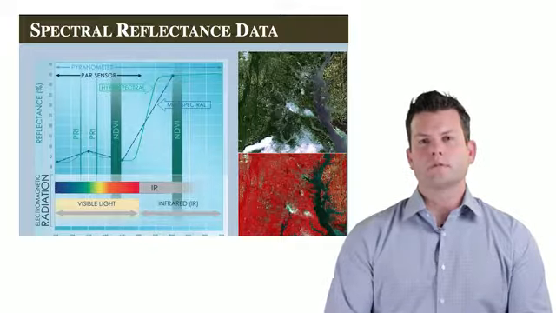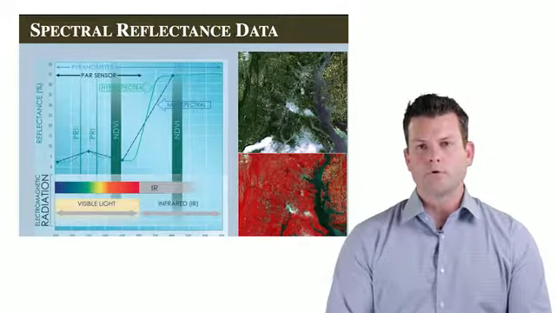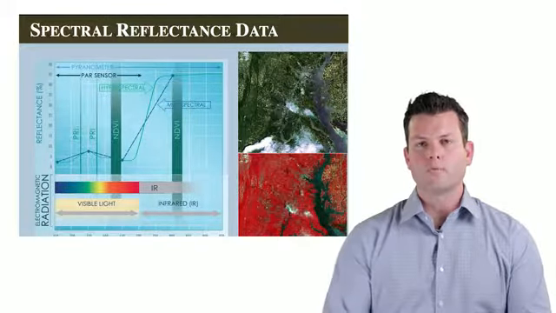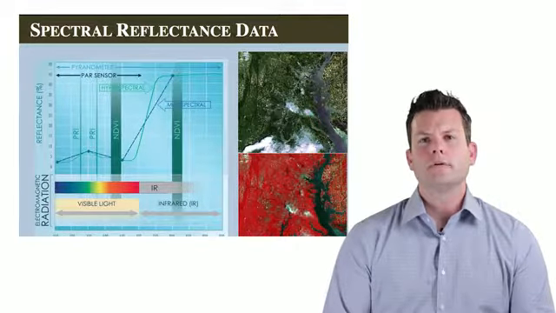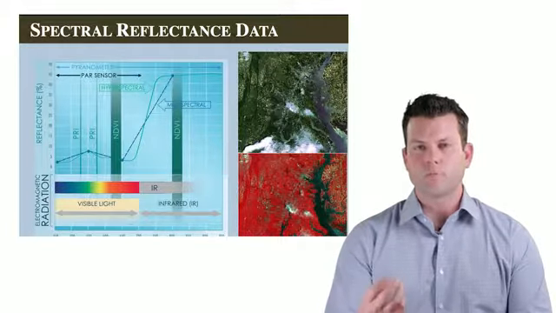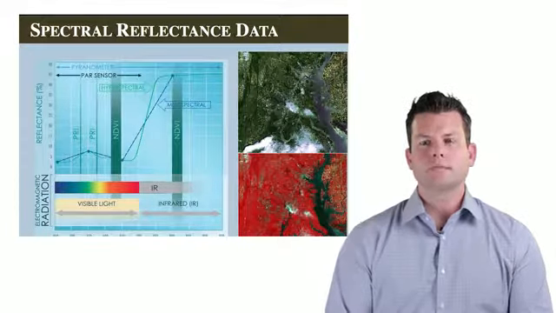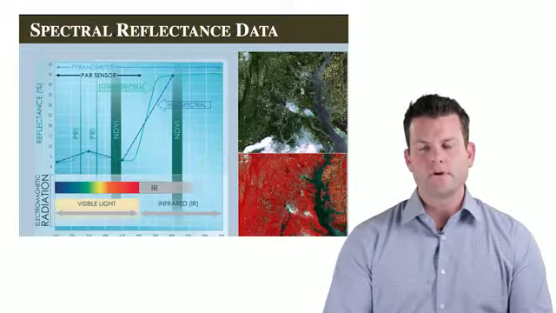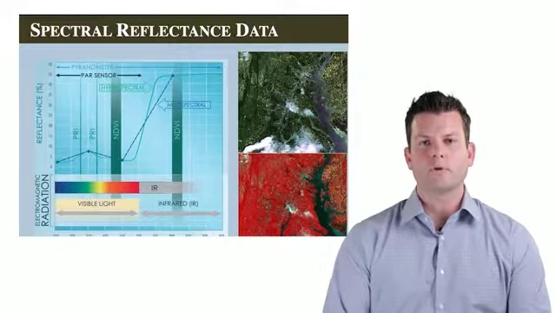In this case, the three bands being displayed are blue, green, and then instead of red, we're using the near-infrared in its place. And so everywhere that looks very bright red, that's because there's a lot of near-infrared reflectance, which is very typical of green or healthy vegetation.